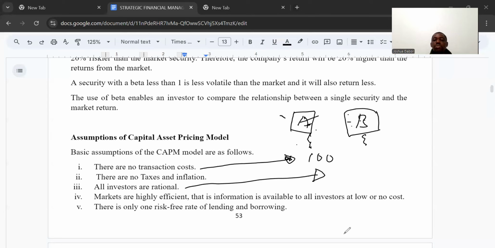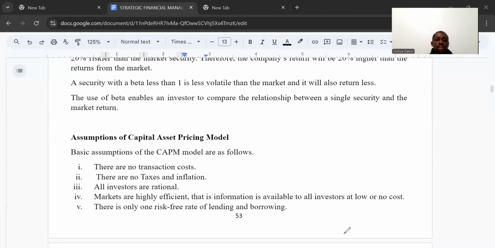So a rational investor will not want to do that, right? The rational investor will be looking at risk and what? Return. The higher the risk, the higher the return. So when the risk is high and the return is less, somebody that is thinking well will not want to invest in such an investment. So we are looking at it that all investors are what? They are risk averse.